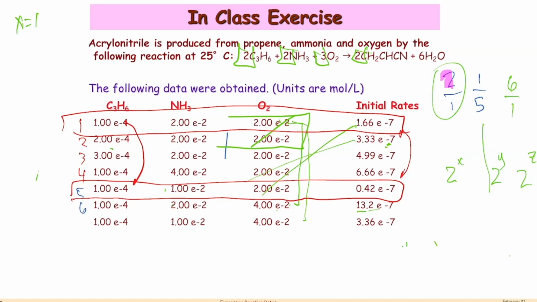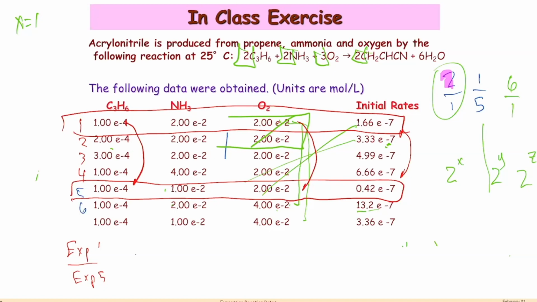If you take a look at oxygen, these 2 are the same as well. So again, these chemicals do not play a role in how the rate of the reaction changes between the 2 experiments. So what I will do is I'll take experiment number 1 over experiment number 5.